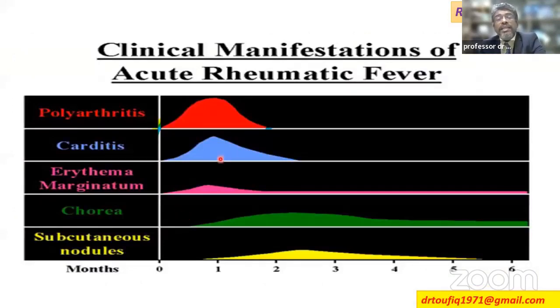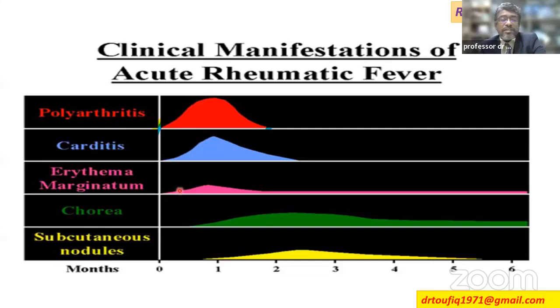Following a streptococcal infection, the duration of involvement of the different tissues may vary. Just following the rheumatic fever, the joint may be involved, and carditis may take some time.